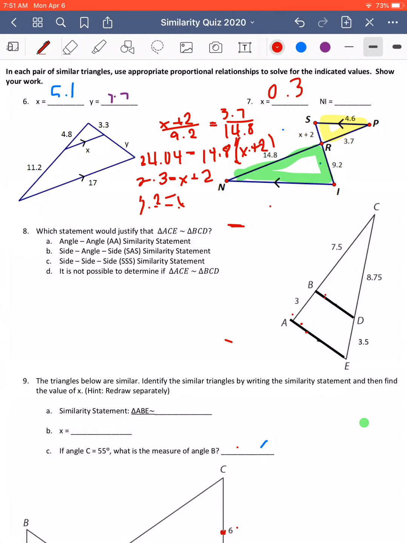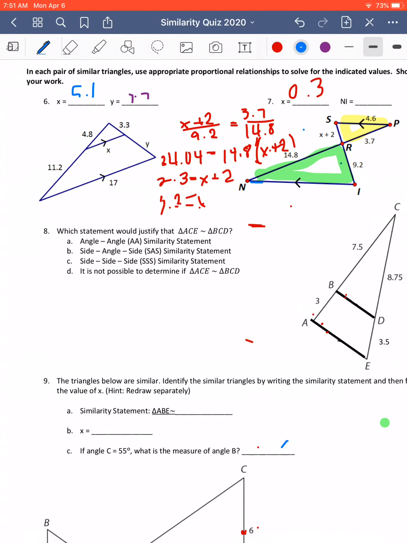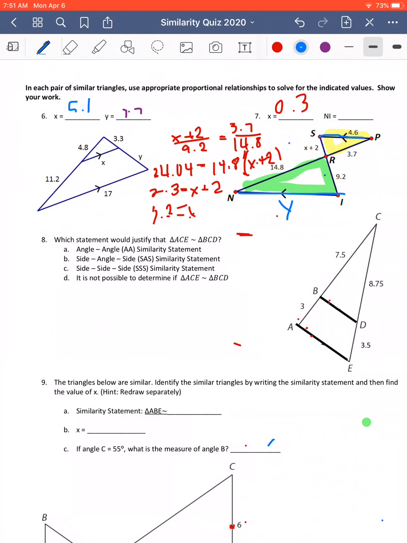Now for the measure of NI, that is this side length right here, that's going to correspond with the side length of 4.6. If we wanted to call this y, because we've already used x, you could do the proportions differently.